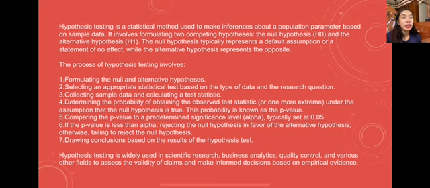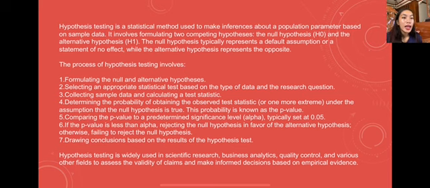Number 4, determining the probability of obtaining the observed test statistic, or one more extreme, under the assumption that the null hypothesis is true. This probability is known as the p-value. Number 5, comparing the p-value to a predetermined significance level alpha, typically set at 0.05.